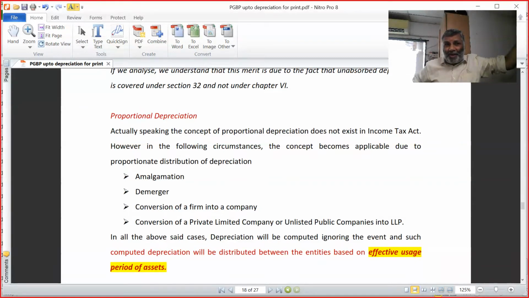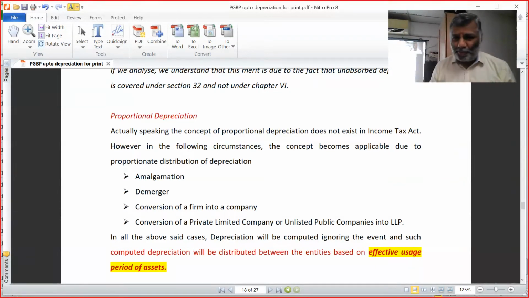Here what we are going to see is not proportionate computation of depreciation, it is proportionate distribution of depreciation. Have it clearly in your mind.